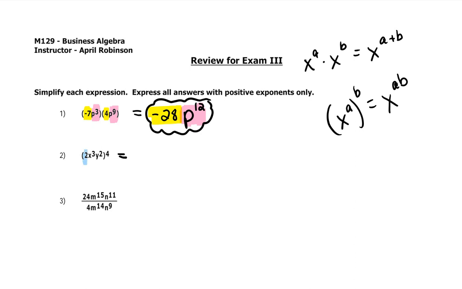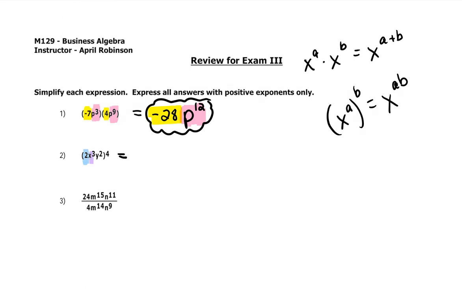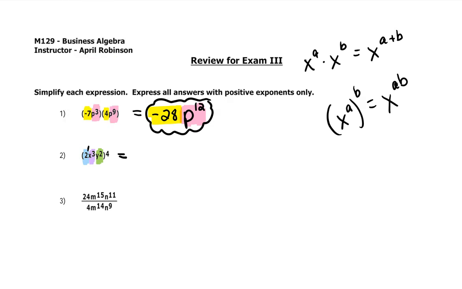I have this 2, this x to the 3rd, and this y to the 2nd. And your 2 is really 2 to the 1st right here. And all of those are being raised to the 4th power.